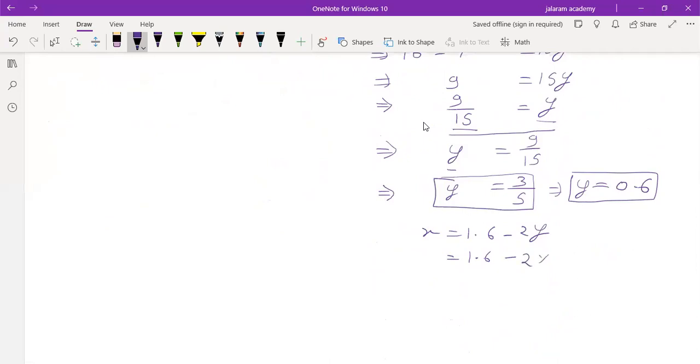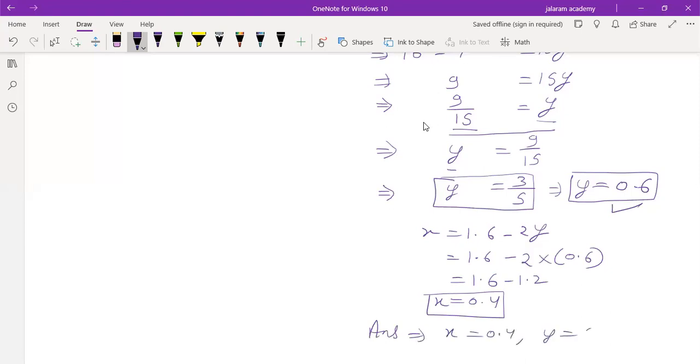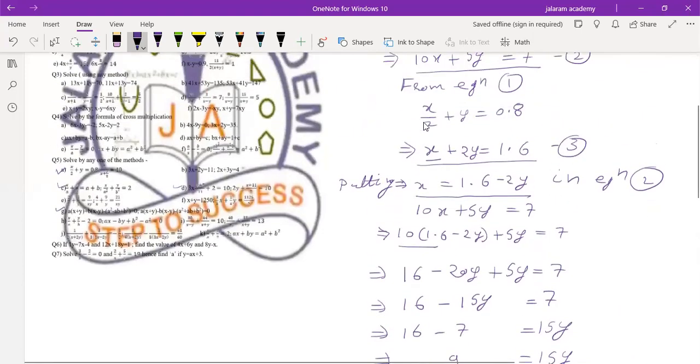Yes, sir. Minus 2 into 0.6, that is 1.6 minus 1.2 equals to 0.4. So the value of x is 0.4, the value of y is 0.6. Finally write the answers. x equals to 0.4, y equals to 0.6. Understood, everyone? Yes, sir.